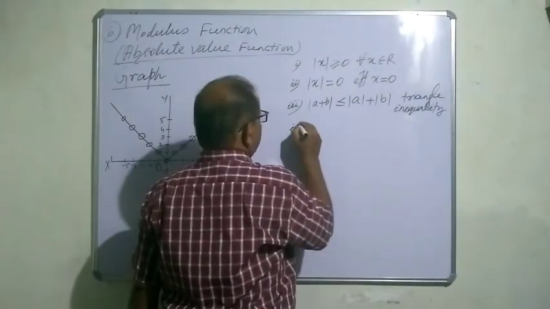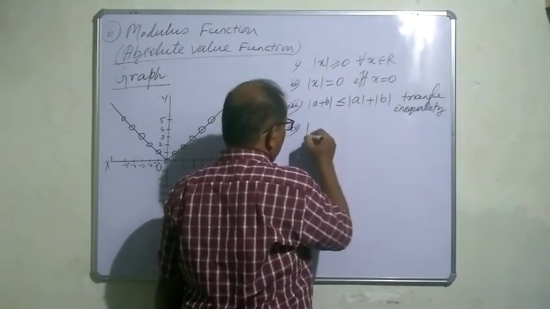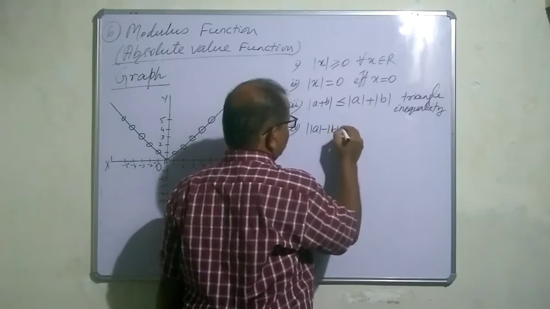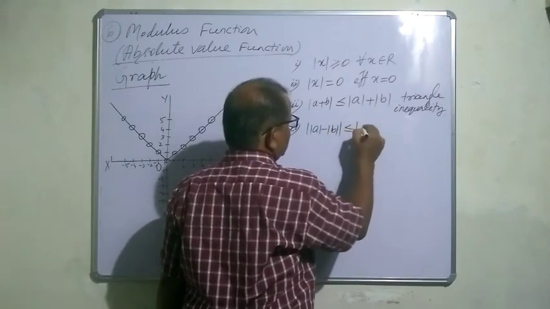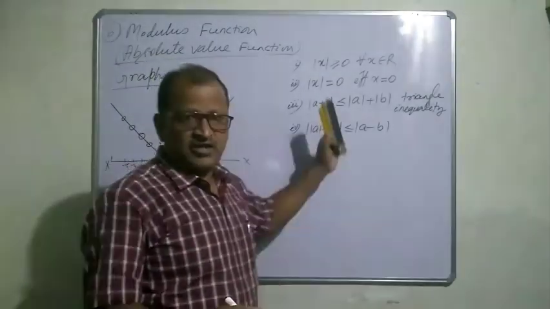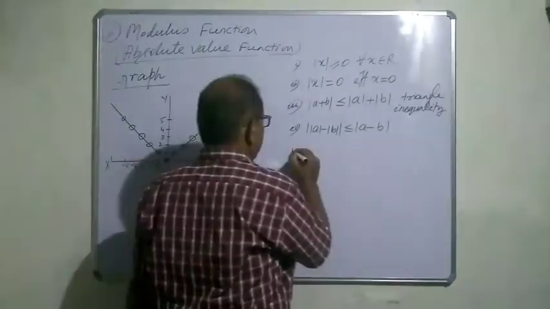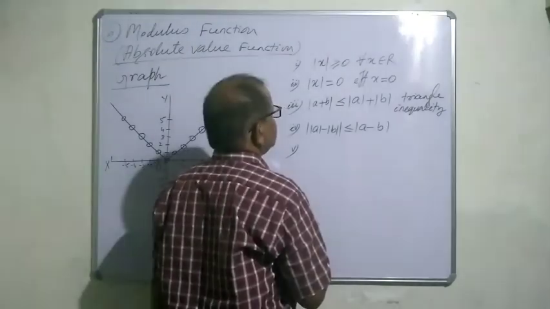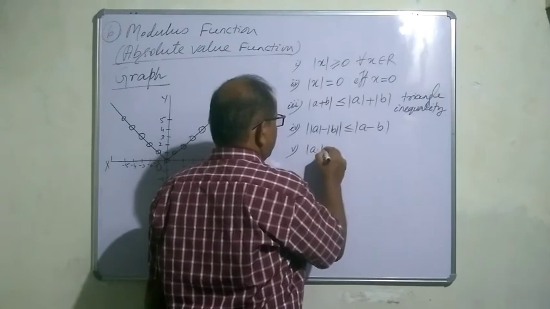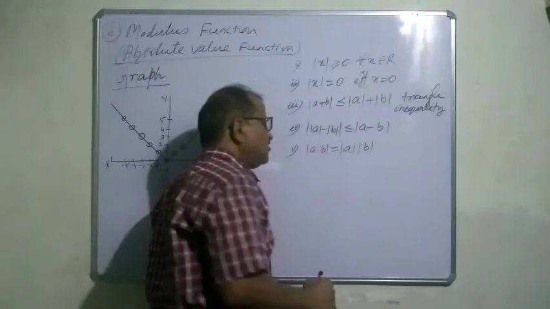Number 4, the absolute value of a minus the absolute value of b is less than or equal to the absolute value of a minus b. It will be derived from this triangle inequality. Then number 5, the absolute value of a into b is equal to the absolute value of a into the absolute value of b.